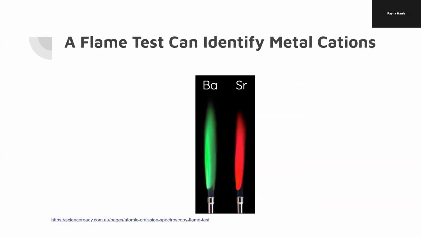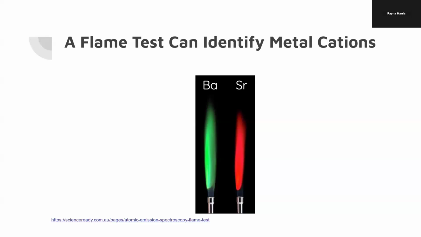Okay, so the flame test. For instance, if you take a metal and put it over a flame, this is a Bunsen burner. Barium emits a green spectrum, so all of those little wavelengths combined give one color.